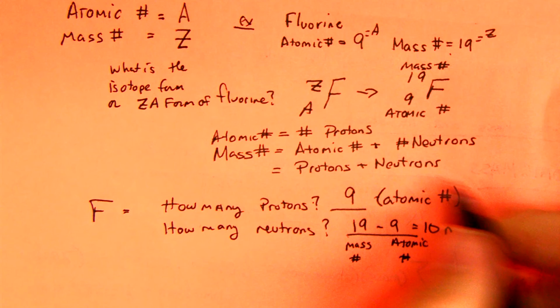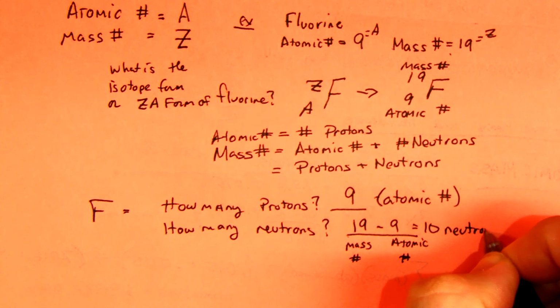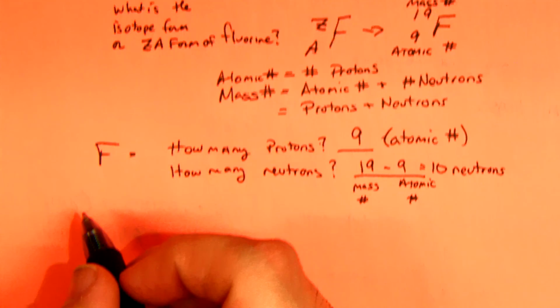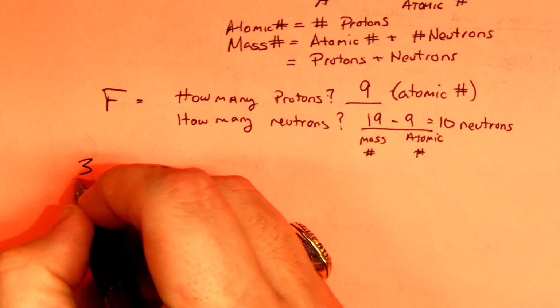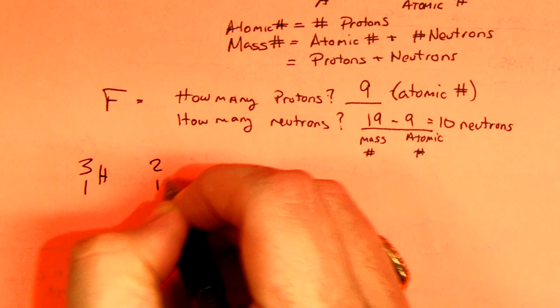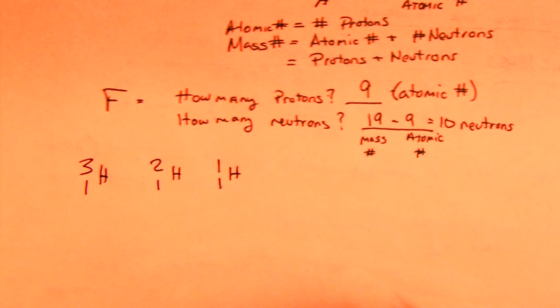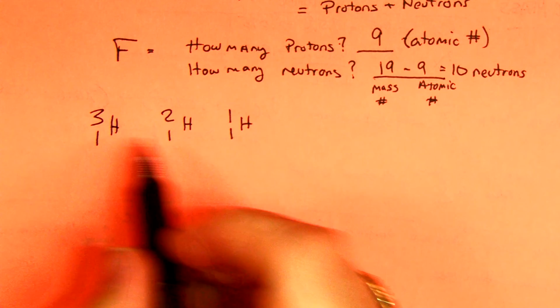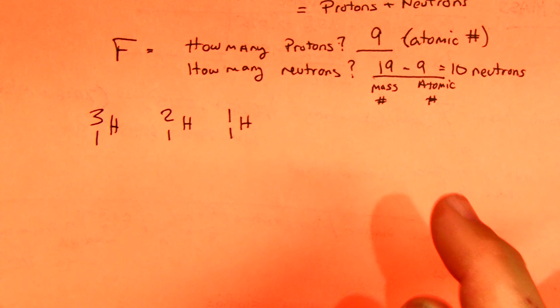Now, for example, if you recall back to September when we were talking about isotopes and such, we were talking about hydrogen. Hydrogen had 3 of them. Now, how many protons are in each one? 1. This number right here is always the number of protons.